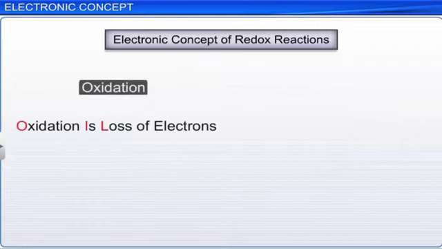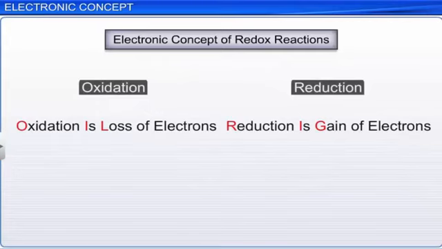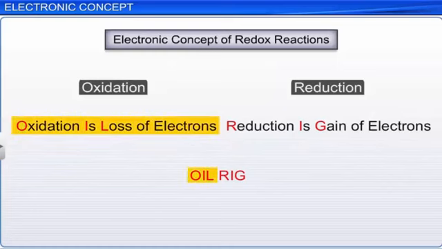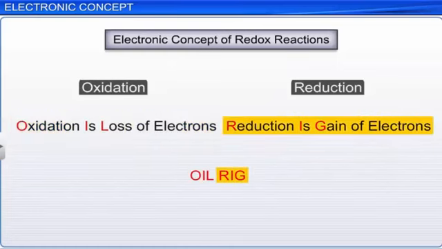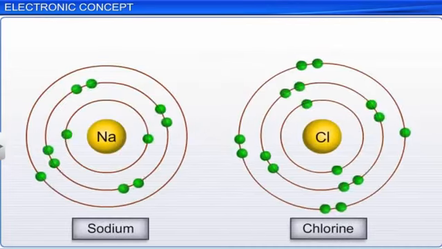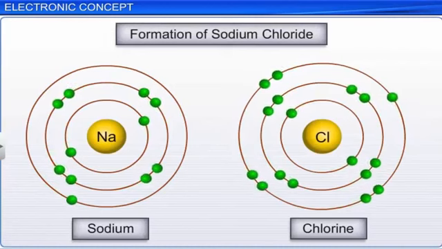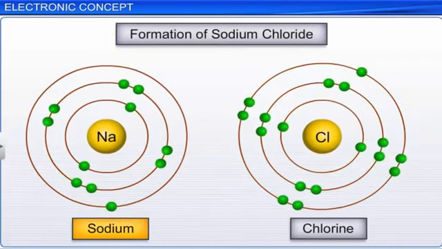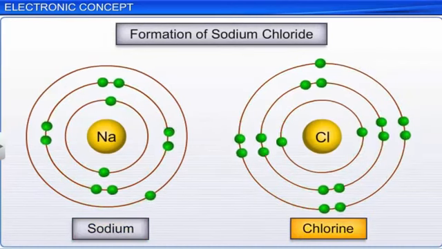The definition of oxidation and reduction can be easily remembered by the mnemonic OIL RIG, which stands for oxidation is loss of electrons and reduction is gain of electrons. Let's take the example of the formation of sodium chloride from sodium and chlorine.